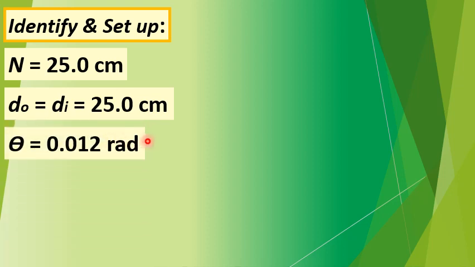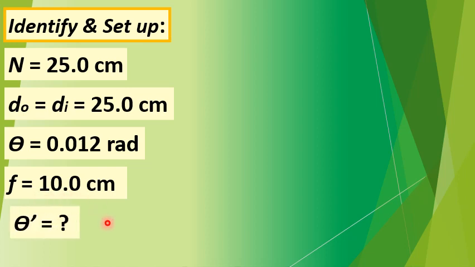The angular size of the object, denoted by theta, is also given and is equal to 0.012 radian. And the focal length of the magnifying glass, small letter f, is equal to 10.0 centimeters. And our target variable is the angular size of the image, denoted by theta prime.